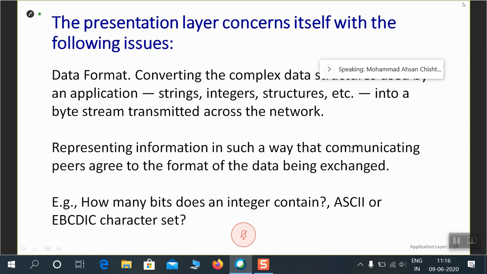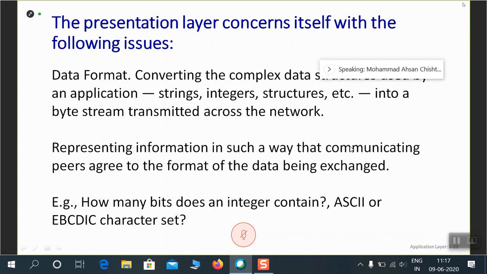And these systems have many distinct characteristics, and they represent data in different ways. Each system that is connected would represent the data in a different way.